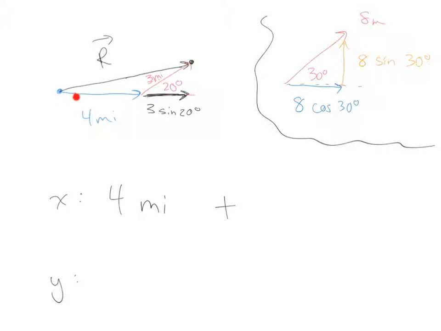So literally take this 4 miles here, and add 3, I put sine. Jeez, I'm terrible today. Sorry, guys. Cosine 20. Over here, 3 sine 20. Now, when I add them together, I'm going to get a decimal. I'm going to approximate it to the nearest tenth.